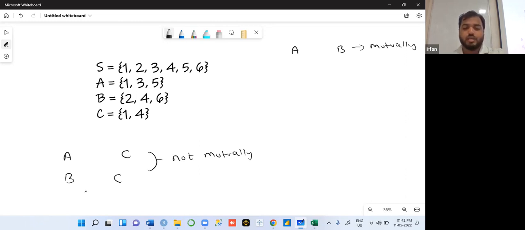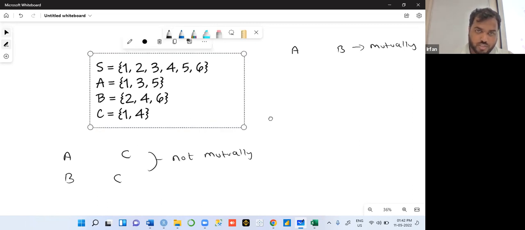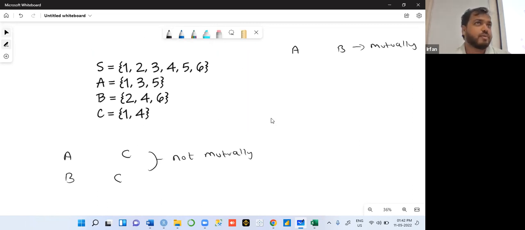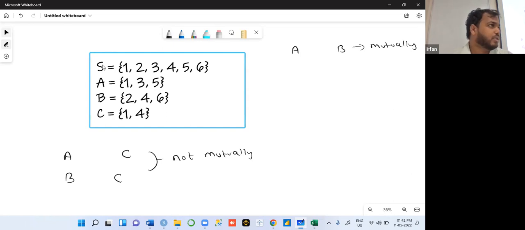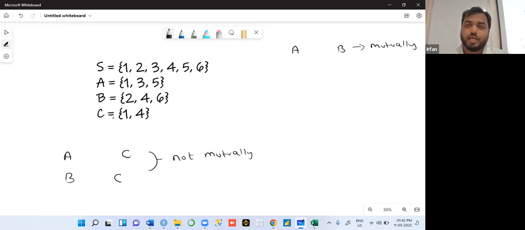Okay. Then we have another definition called exhaustive event. Let's understand exhaustive from here only. We have sample space S, we have A, B, and C. Guys, if I combine A and B, what do I get?